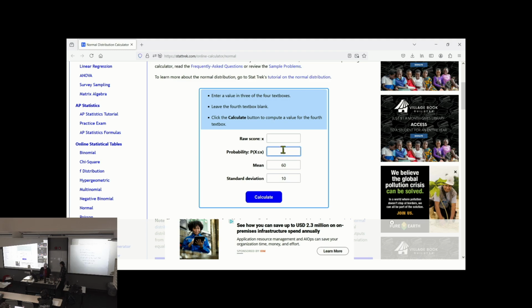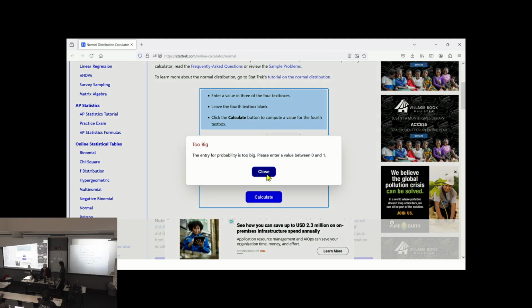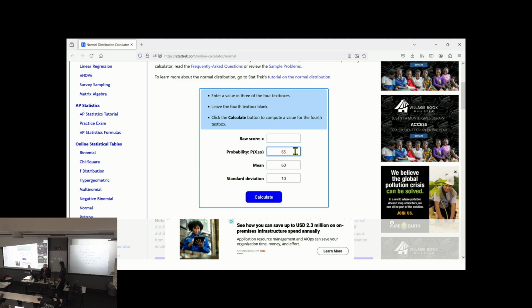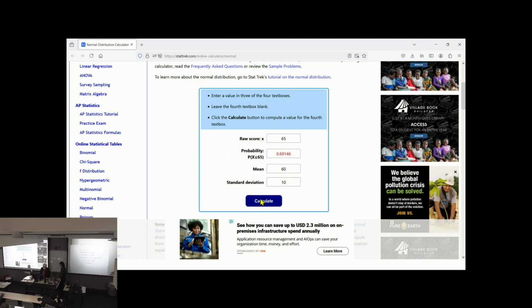To get that, we first had to work out the probability x is less than 65. So we put 65 in there, in the right box this time. The probability less than 65 is 0.69146. When we subtract that from 1, that's where we got our 0.3085.